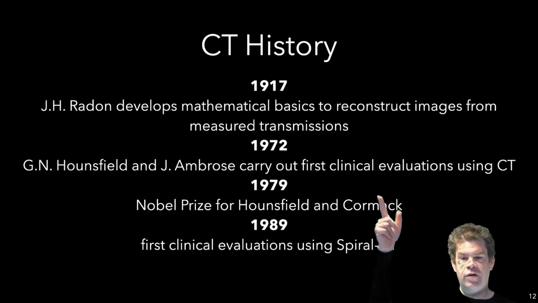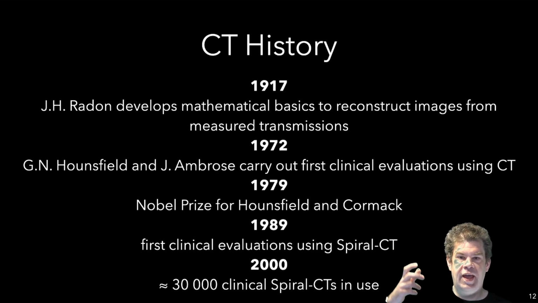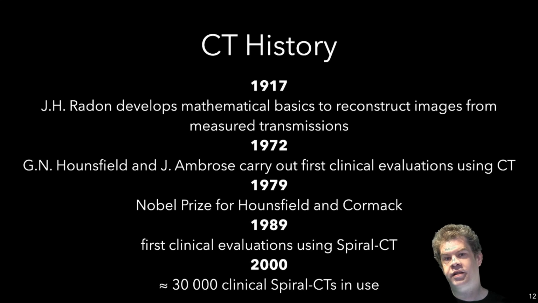Then, if we go another 10 years into the future, 1989, something called a spiral CT was first used in the clinic. Again, more on that later. And then at the turn of the millennium, it was a widely adopted technique in clinical practice. And it's only grown since then.